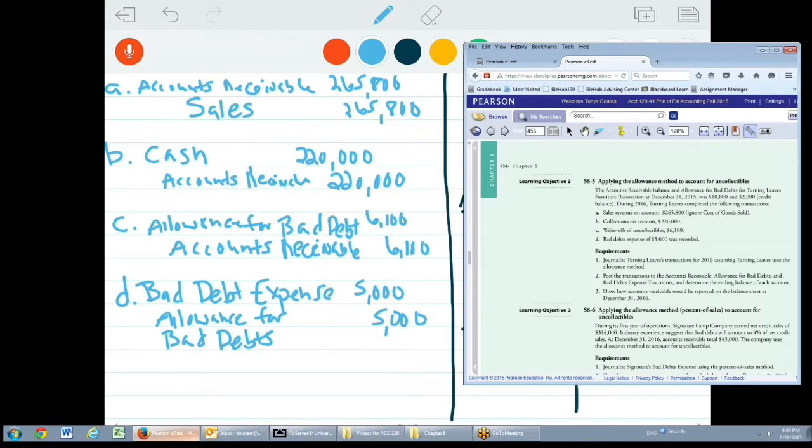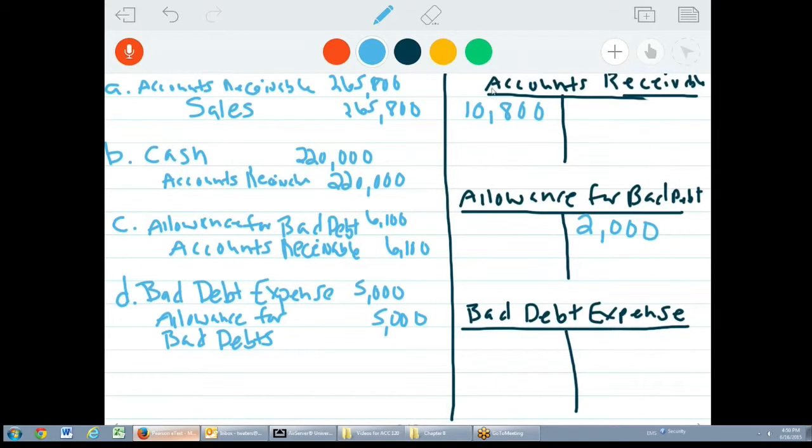And what we're going to do next is post those transactions to the accounts that we had started here on the right. So looking at the first transaction, we would record the debit to accounts receivable for $265.8 as a debit. So we've posted this first one.